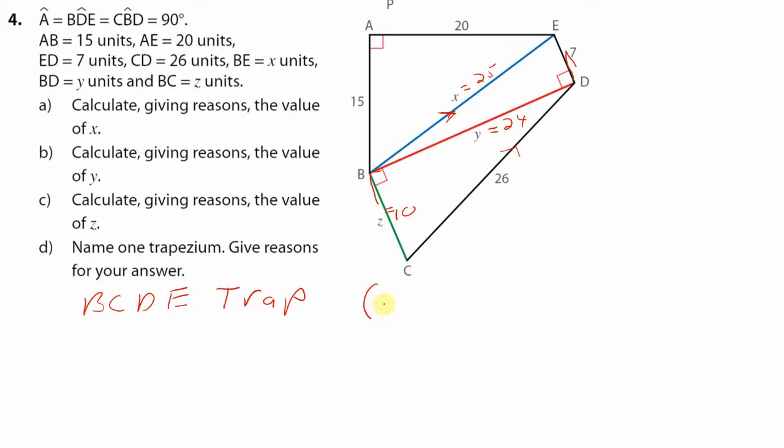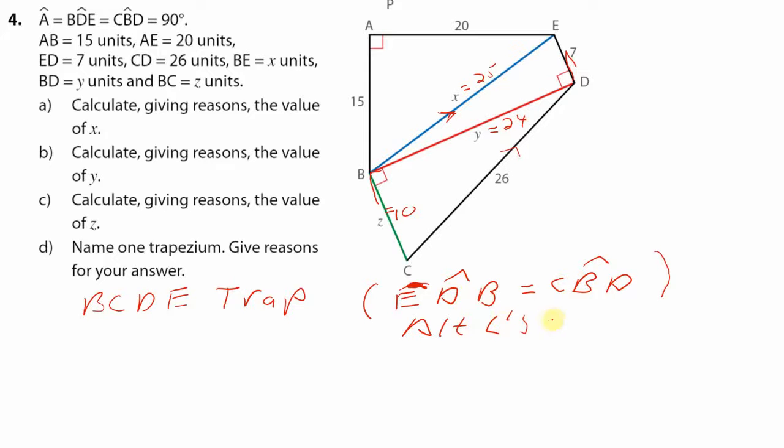Reason is that angle EDB equals CBD, which are alternating angles.